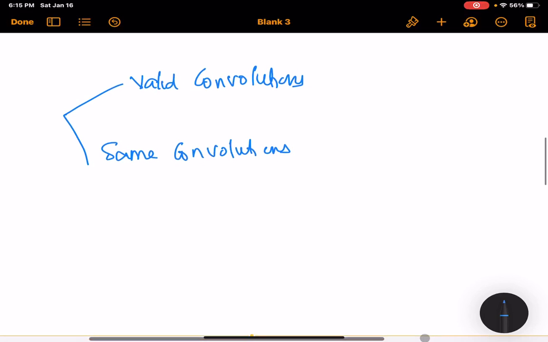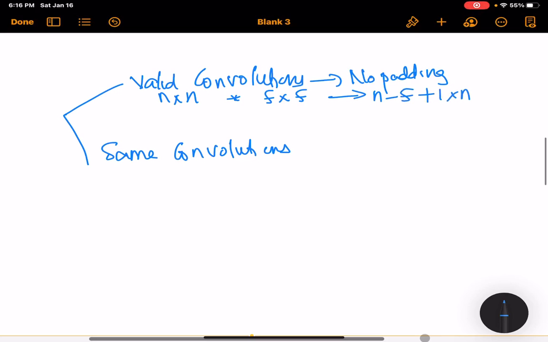Valid convolution means no padding, which means that if I have an n cross n image that is convolved by an f cross f filter, it would give me a new image of size n minus f plus 1 cross n minus f plus 1.